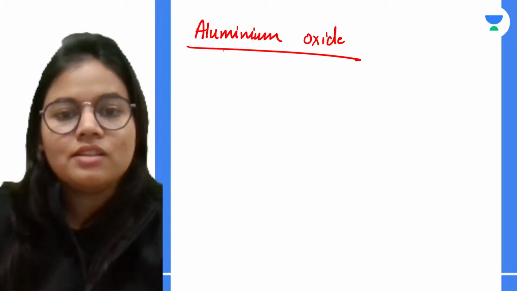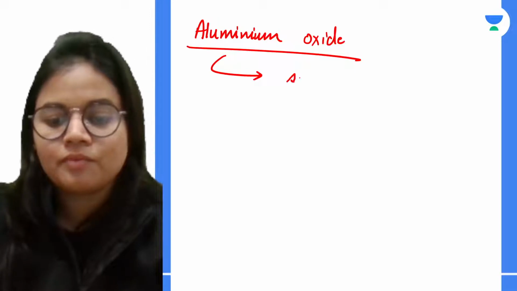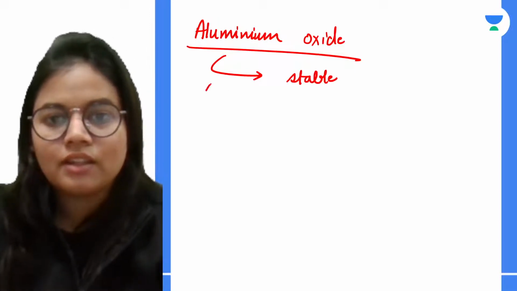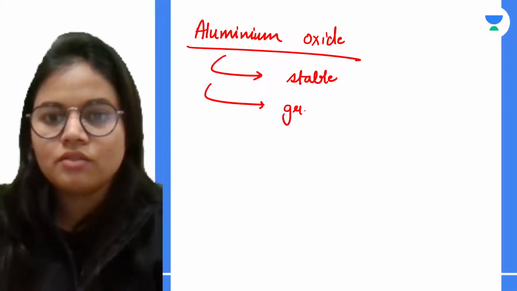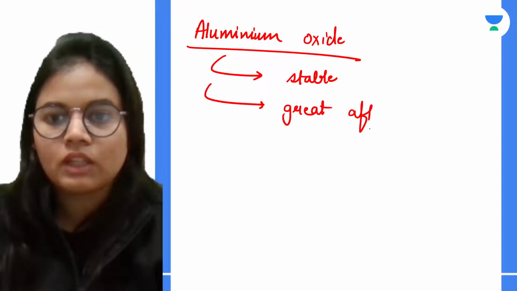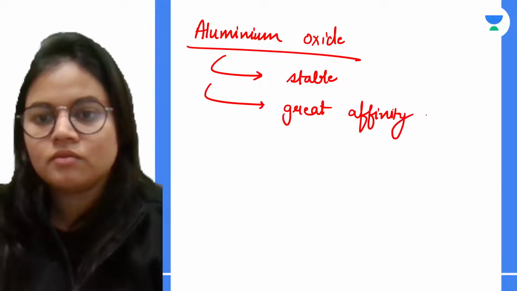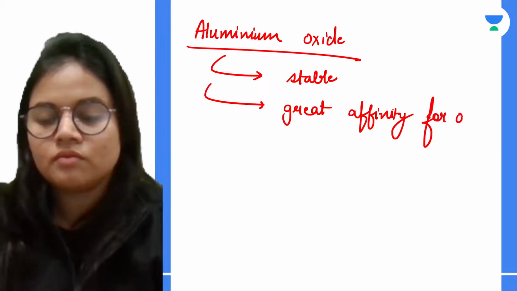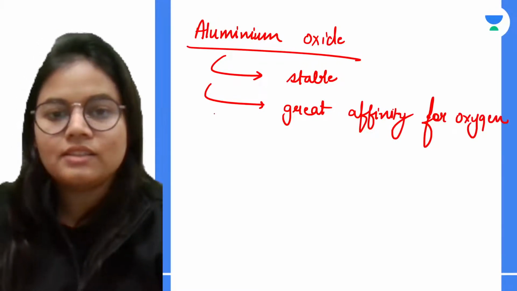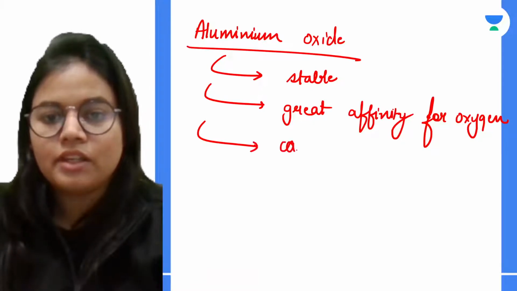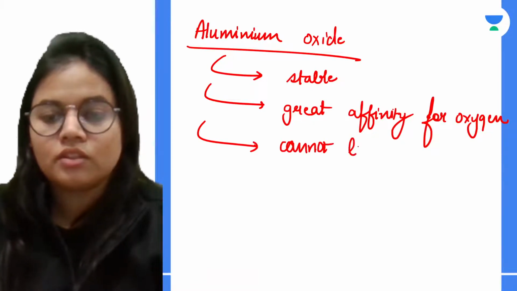So it is very stable, it has great affinity for oxygen, and that is the reason it cannot be easily reduced.